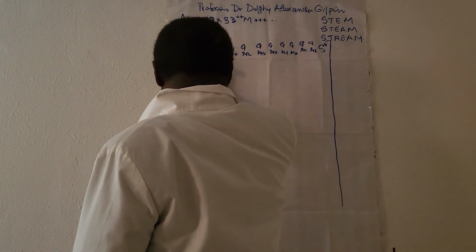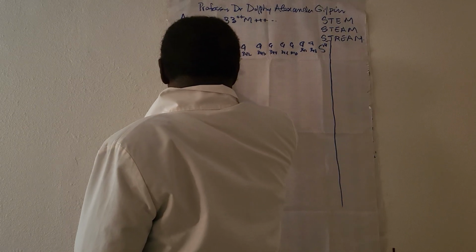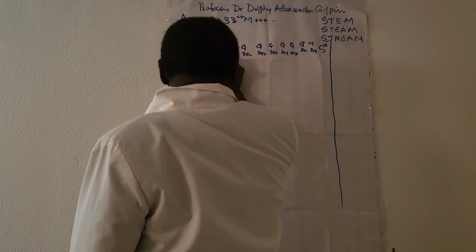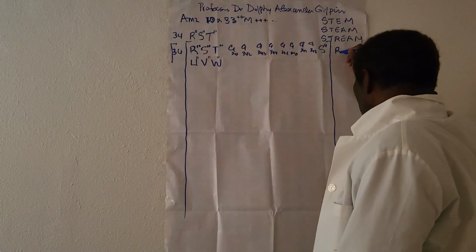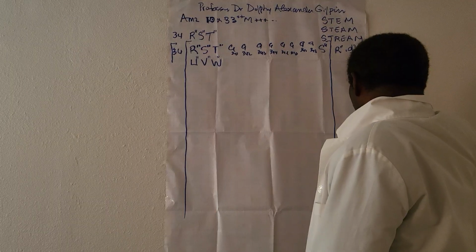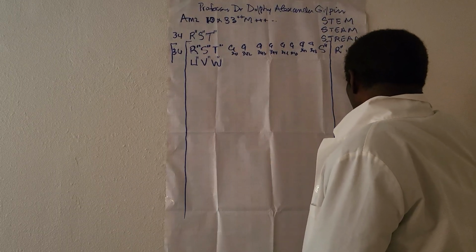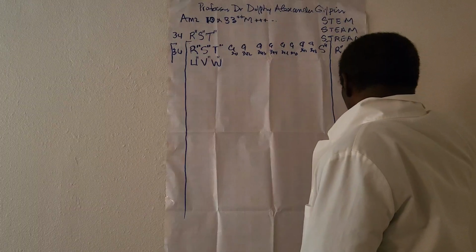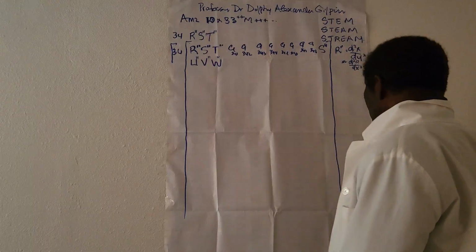And so we have the U, V, W, double dash, and we write now that R double dash is equal to D squared R, Y, say DY squared, or D squared, whichever is applicable.